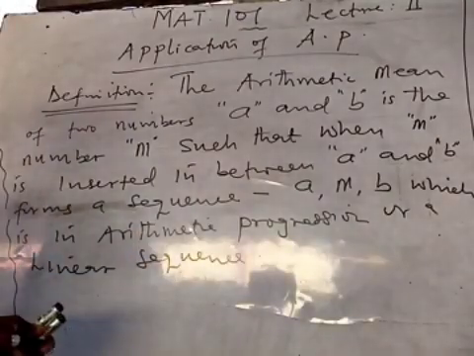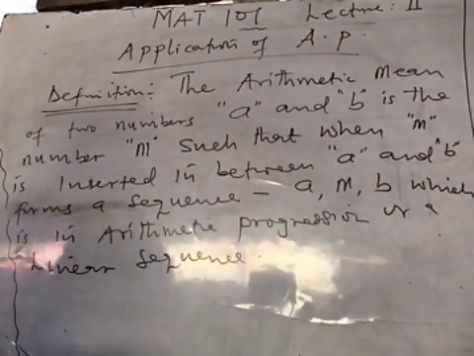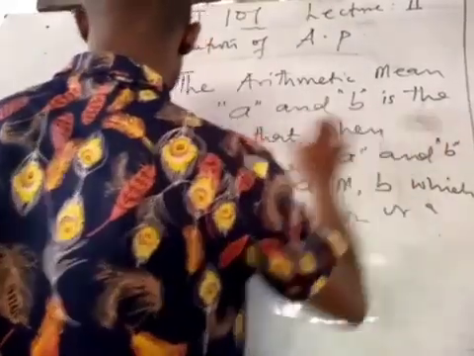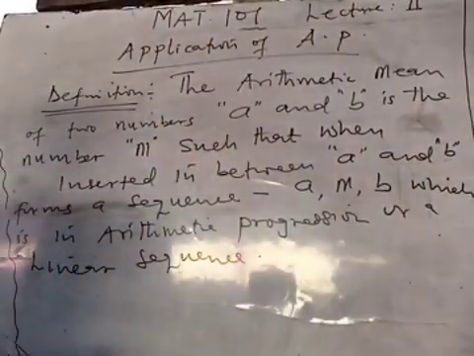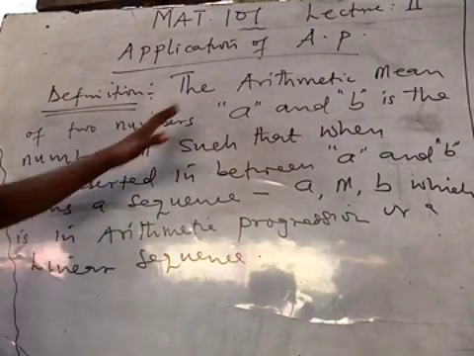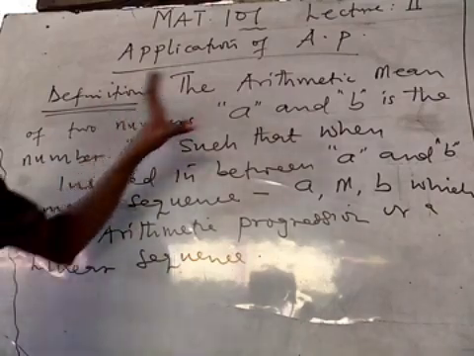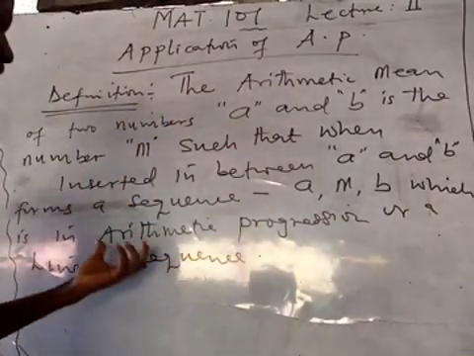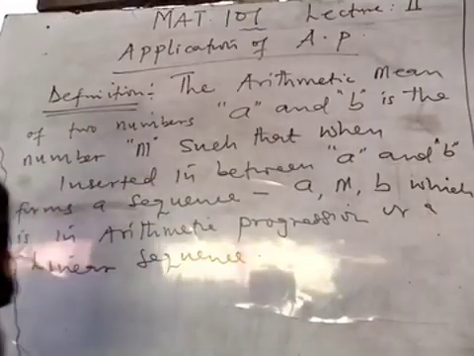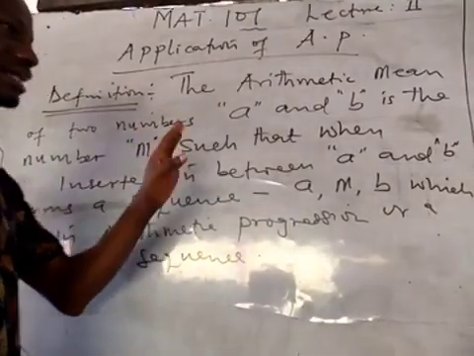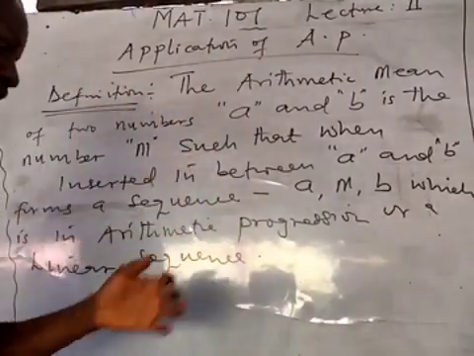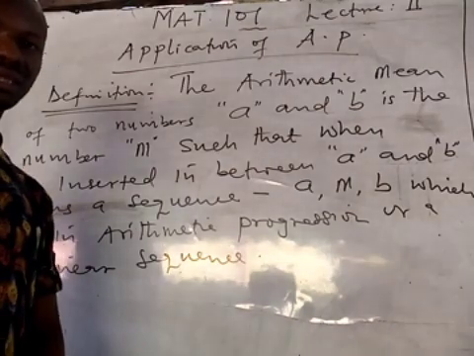So this definition we have given is the definition for arithmetic mean. The arithmetic mean of two numbers can be defined in relation to the arithmetic progression. The arithmetic mean of two numbers has a relationship with the linear sequence.